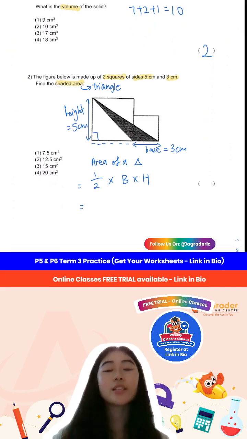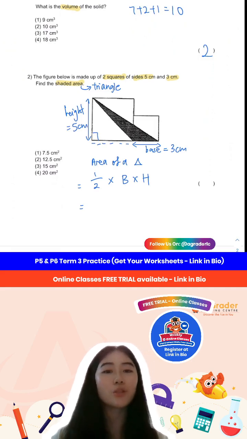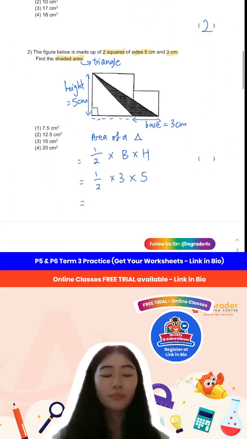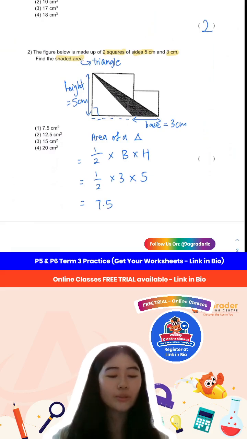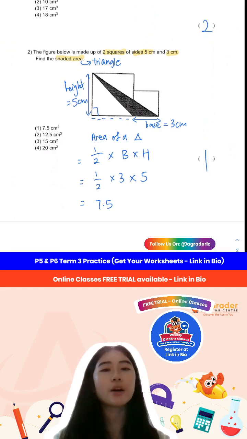The height is 5 cm. Okay, so Wong's is correct. Base and the height should be 3 and 5 respectively. So you put it into the formula half times 3 times 5. This one you end up you have a decimal, okay? This would be 7.5 as your answer. So it's number 1. So good job everybody. Everybody got correct. 7.5 is the answer.